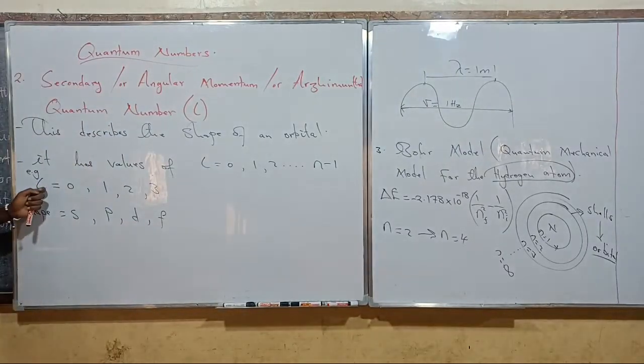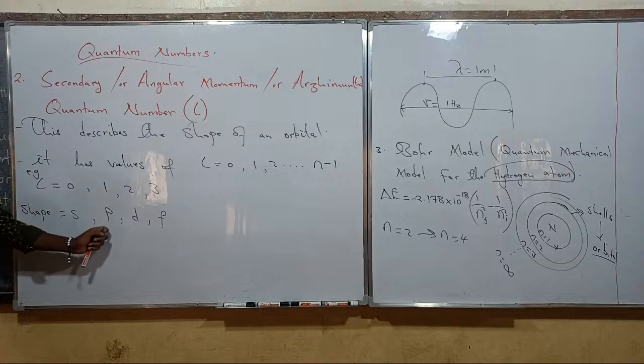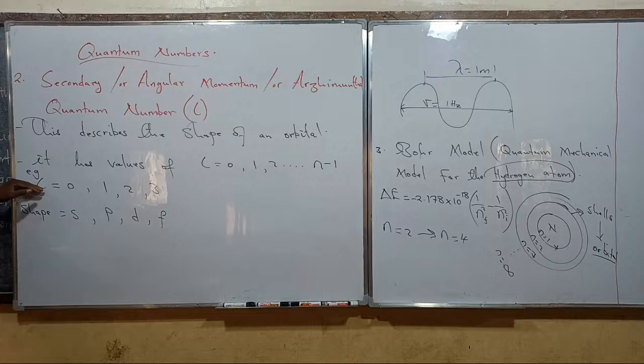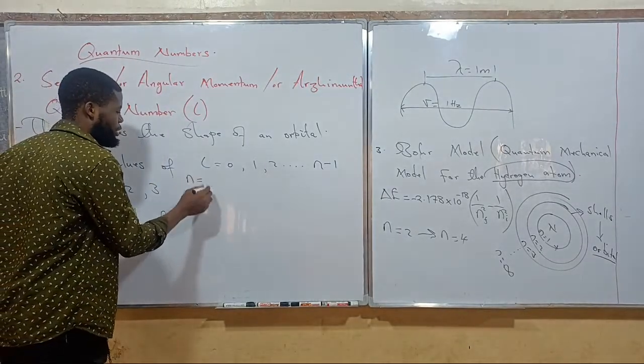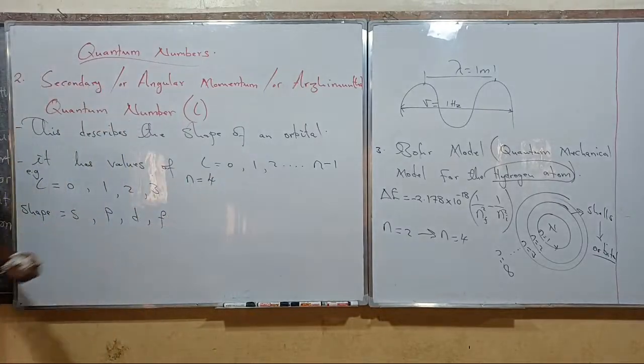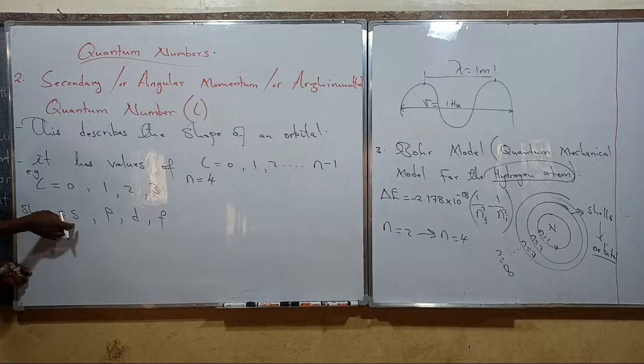If n equals 4, L will have values 0, 1, 2, up to 3, and the shapes represented will be s, p, d, and f.